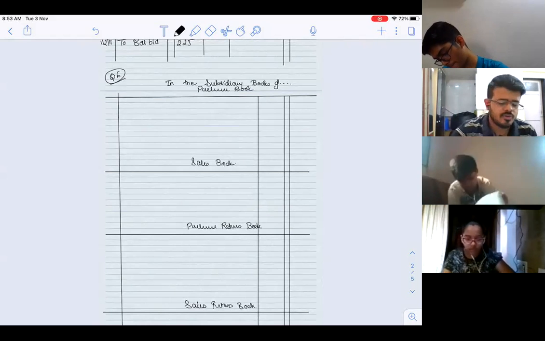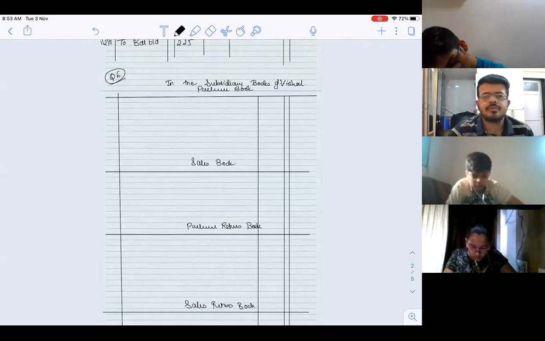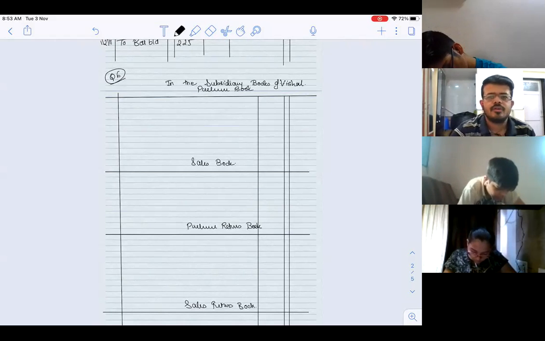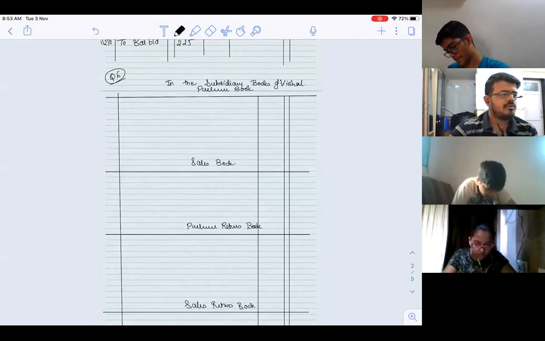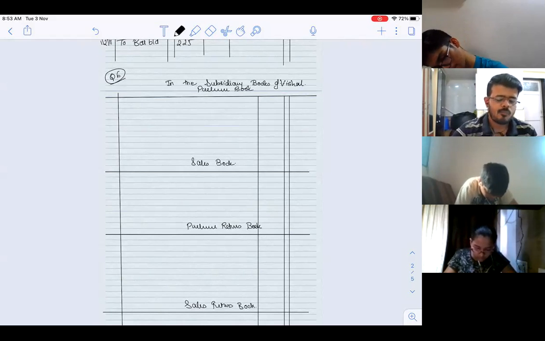They're writing in the books of Vishal, in the subsidiary books of Vishal. All of you draw it.